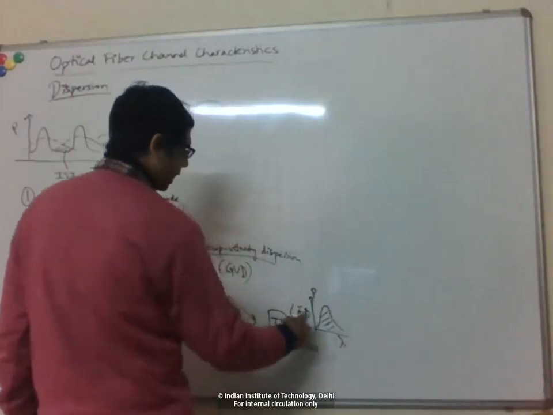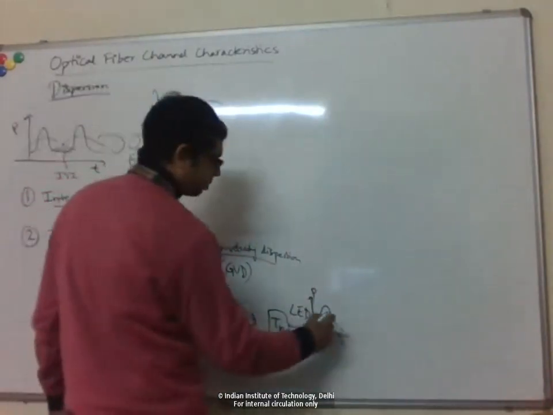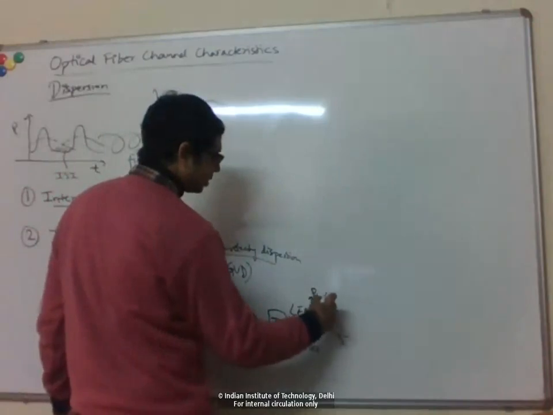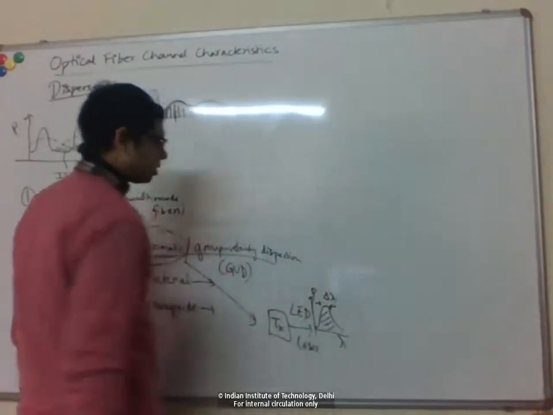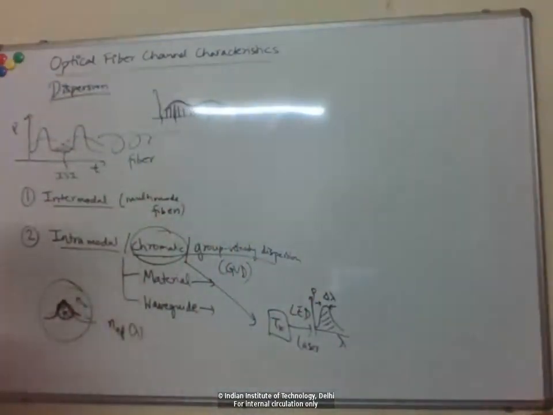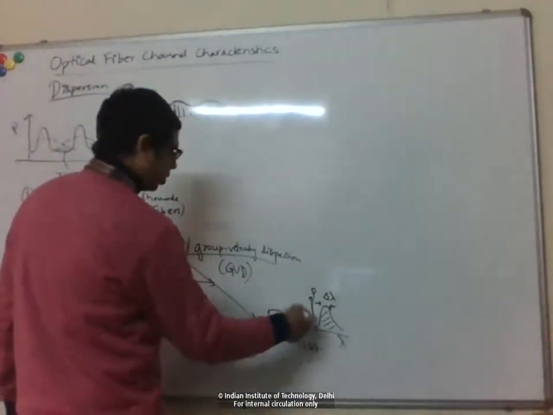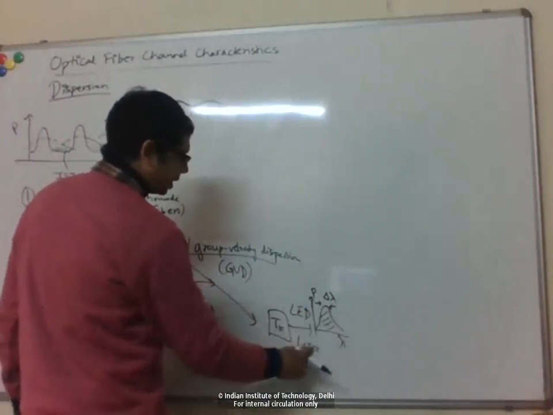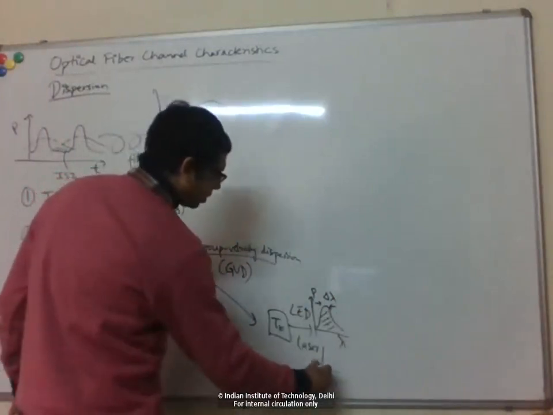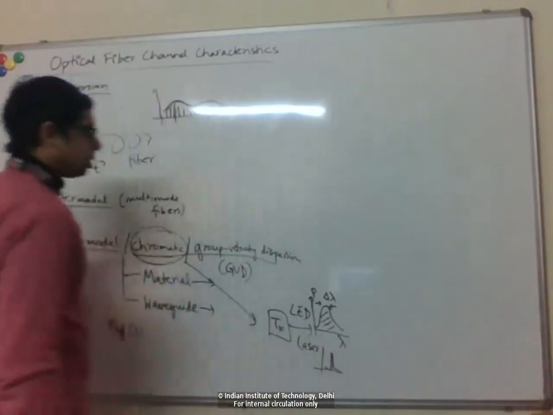So the light coming out of this transmitter has some spectrum, so there is a spectral width here in wavelength or frequency, right? And you know, for example, that for an LED, the spectral width is much larger than a laser, right? So for a laser, it looks more like that.